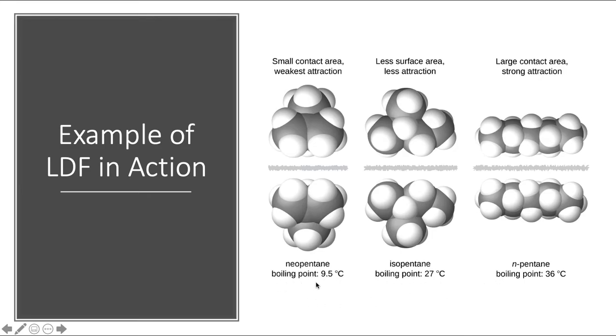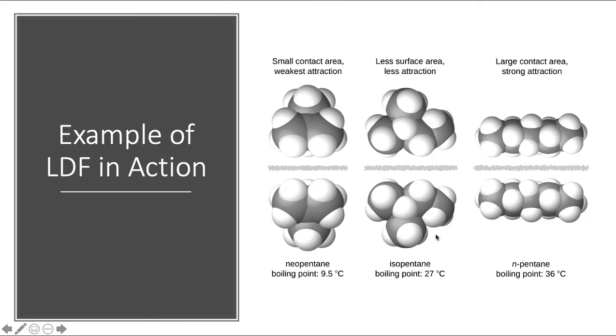A boiling point is a way to measure the strength of an intermolecular force, and we will talk about it in detail later, but just real quickly, the higher the boiling point, the higher the intermolecular forces will be. As we see here, these are arranged in order of increasing boiling point. Neopentane has the smallest, with n-pentane having the largest.